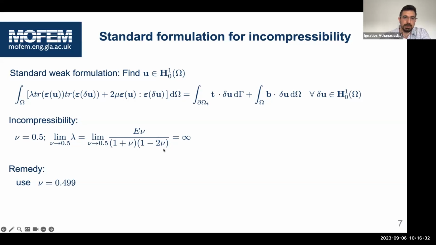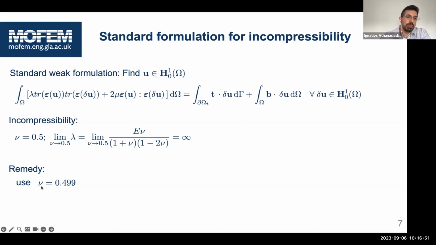Therefore, the whole term tends to infinity. So we have on the left-hand side an infinity term, whereas on the right-hand side, because these are the boundary terms or body volume term, they are finite. So we have something finite equal to something infinite, and this cannot be solved.